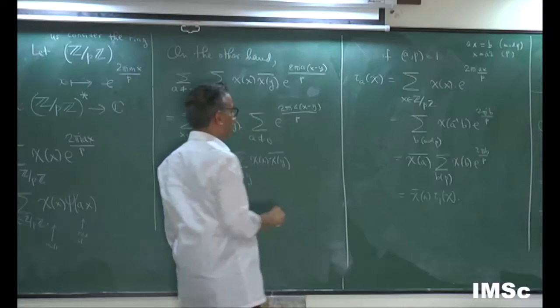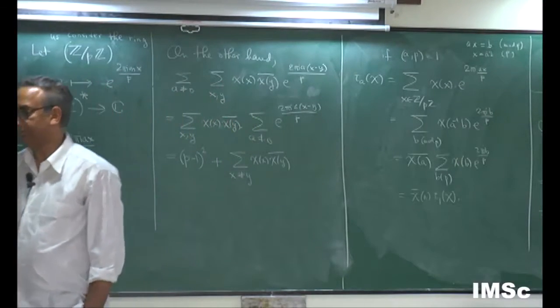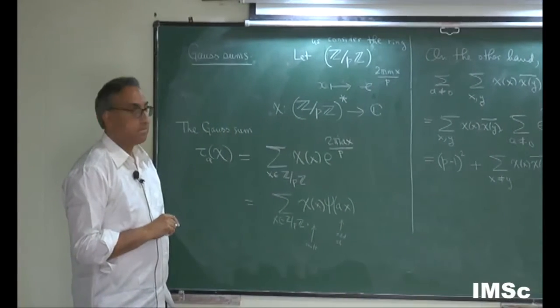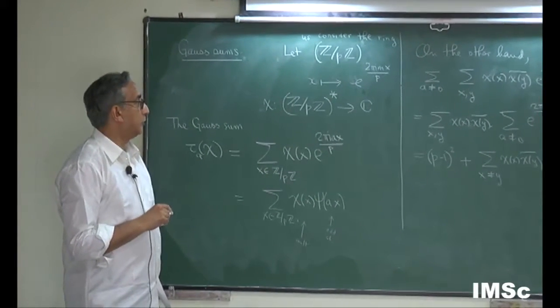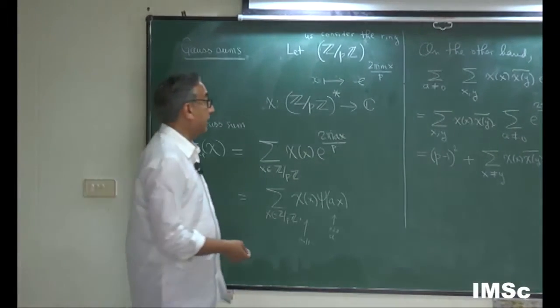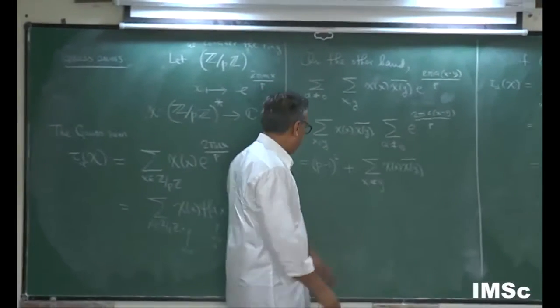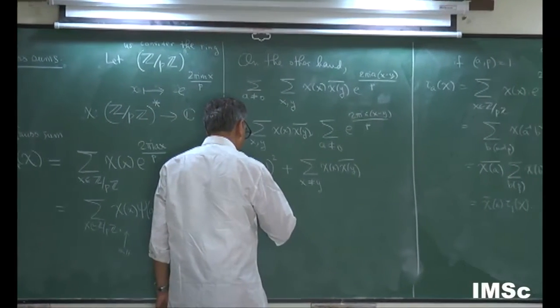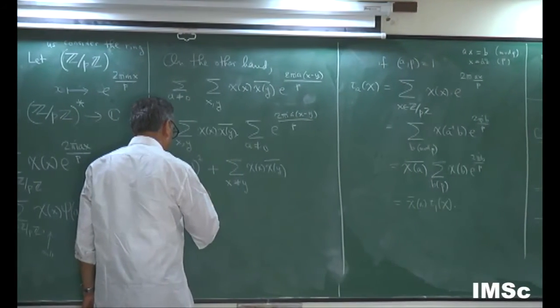If x is not equal to y, what is that sum? Well, e^(2 pi i (x minus y) over p) is a root of unity. Let's say zeta is e^(2 pi i (x minus y) over p).